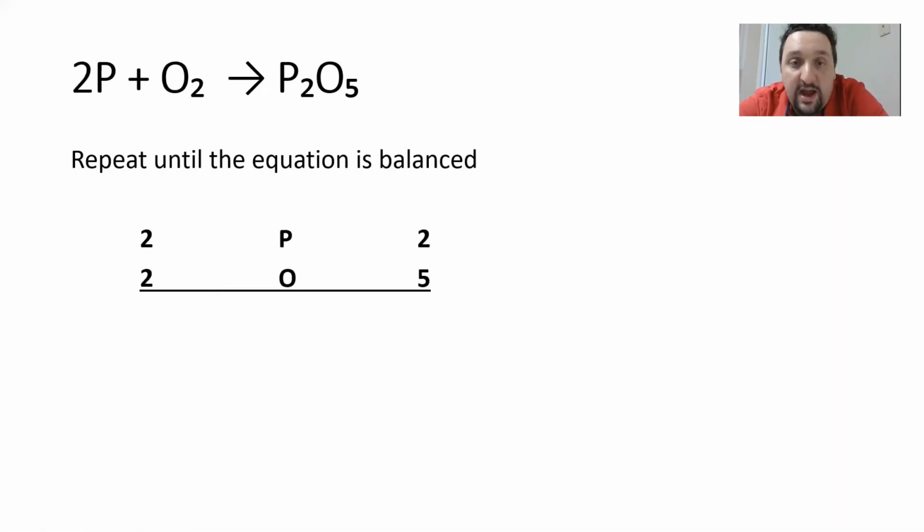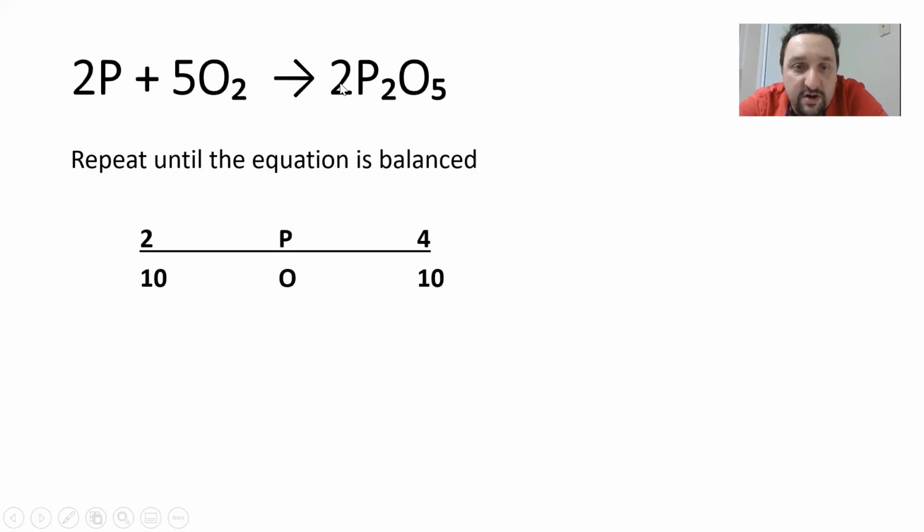Awesome. And now we have a problem. The problem is this number is even and this number is odd. So we're going to have to balance both sides. Now, if you're ever stuck, try multiplying both numbers together. 5 and 2. So this oxygen will be multiplied by 5 and oxygen will be multiplied by 2.